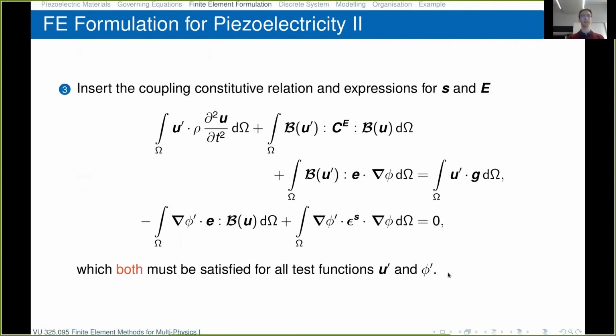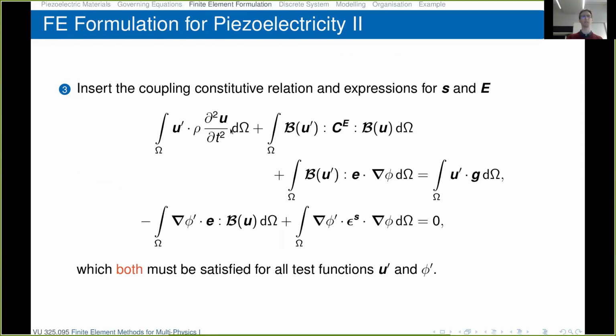So the last step we have to do is to insert the constitutive relations and expressions for strain and electric field. And if we do this, we arrive at the common form for the mechanical equation.